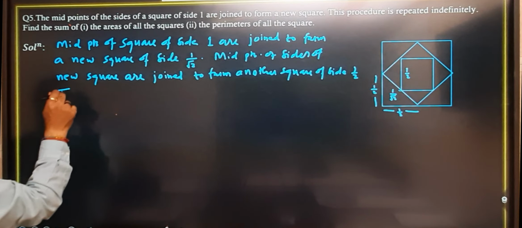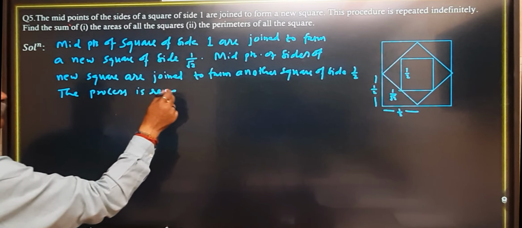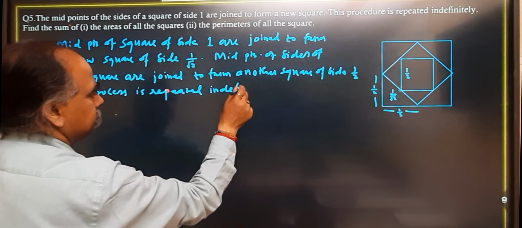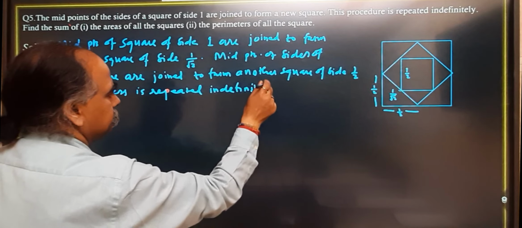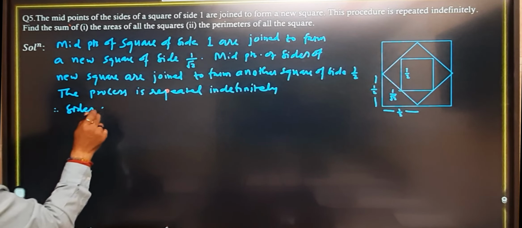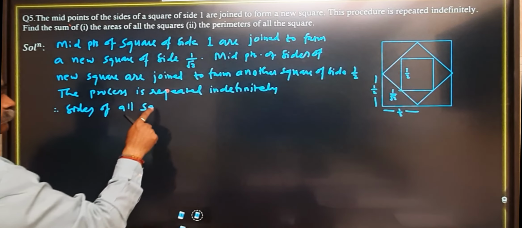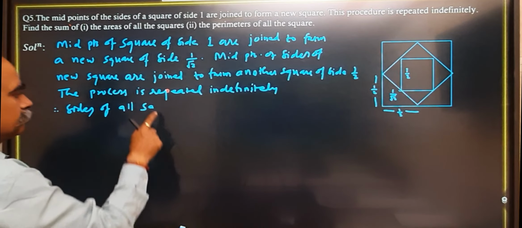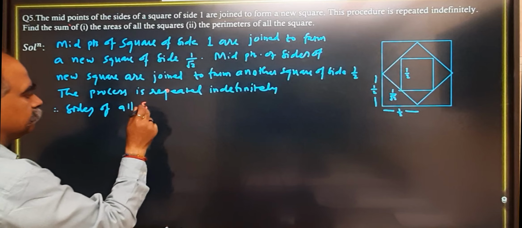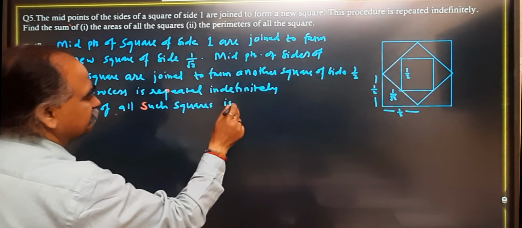The process is repeated indefinitely. Therefore, sides of all such squares is as follows.